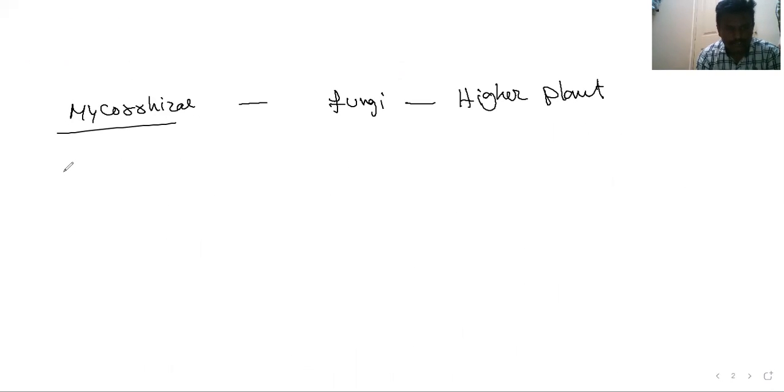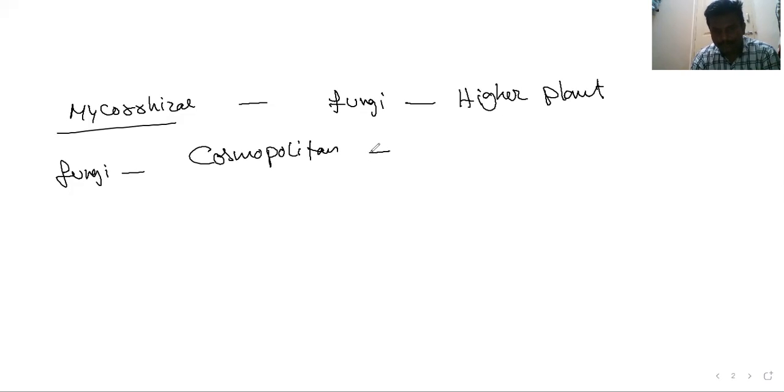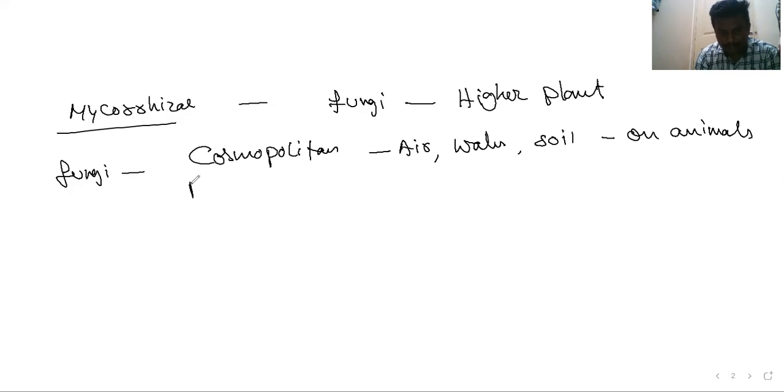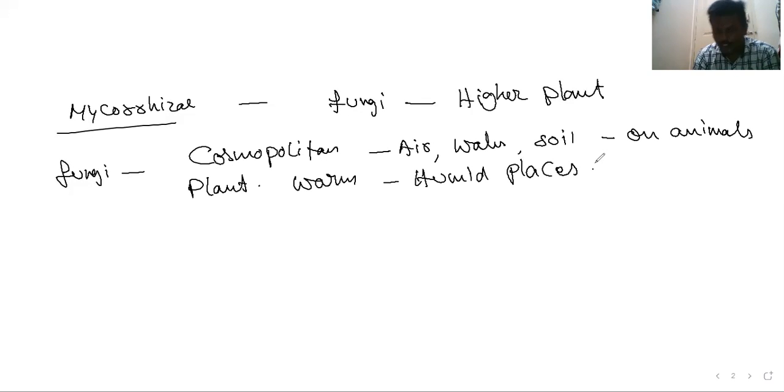Fungi are cosmopolitan and occur in air, water, soil, and on animals and plants. They grow well in warm and humid places.